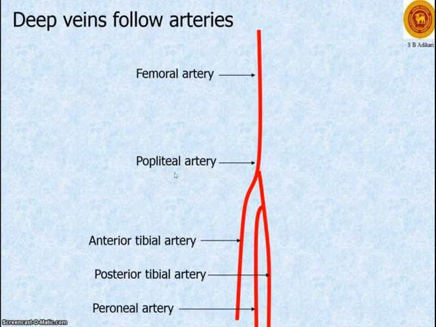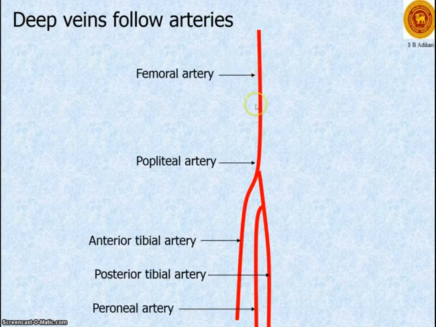Now we will take a look at the deep veins of the lower limb. The first point is that the deep veins follow arteries. Now what are the arteries you get in the lower limb? The external iliac artery becomes the femoral artery and enters the lower limb below the inguinal ligament.